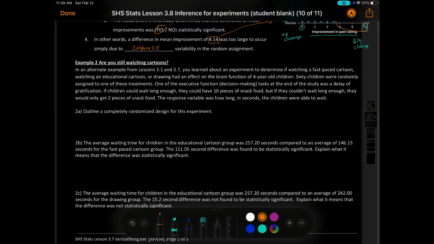2A, outline a completely randomized design for this experiment. Okay, you draw that flow map. Press pause and then press play when you're ready.